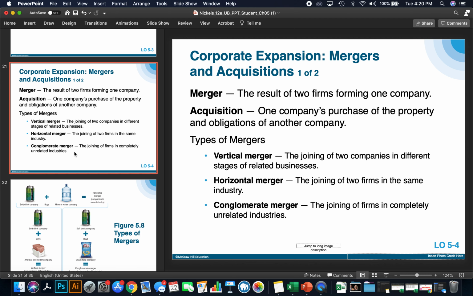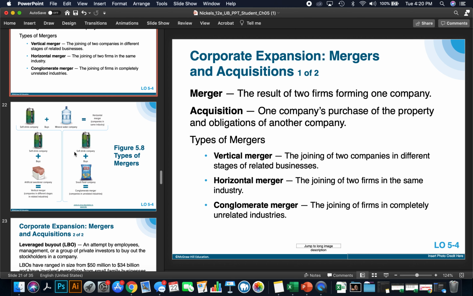Now, there are different types of mergers: a vertical merger, a horizontal merger, and a conglomerate merger. A vertical merger happens when two companies are in different stages of related businesses. A horizontal merger is the joining of two firms in the same industry, and a conglomerate merger is the joining of firms in completely unrelated industries.